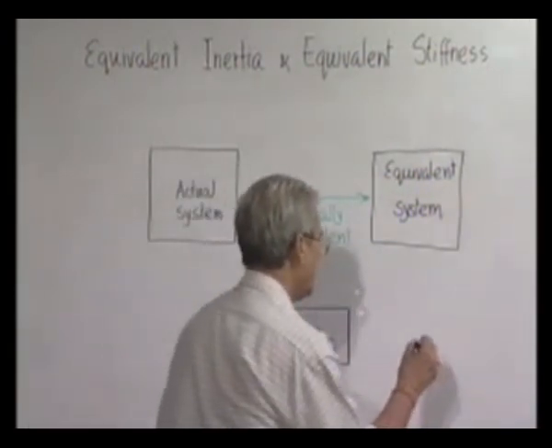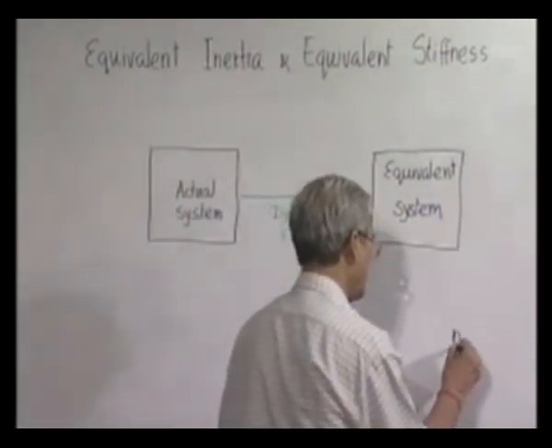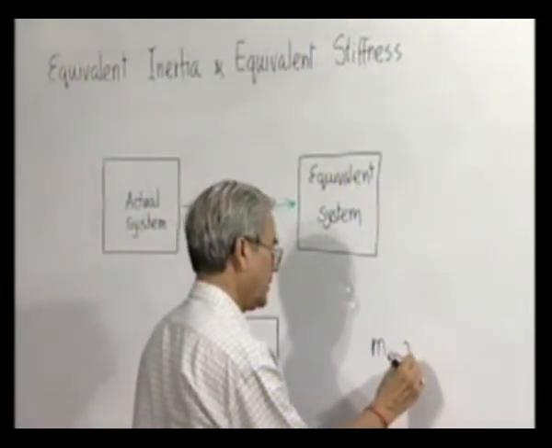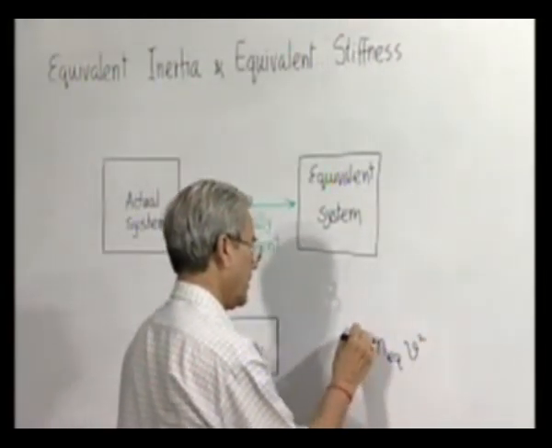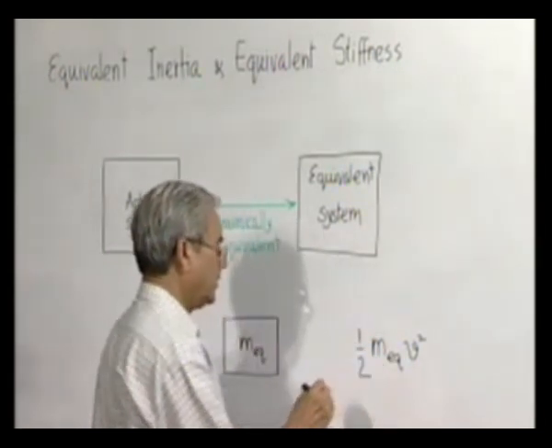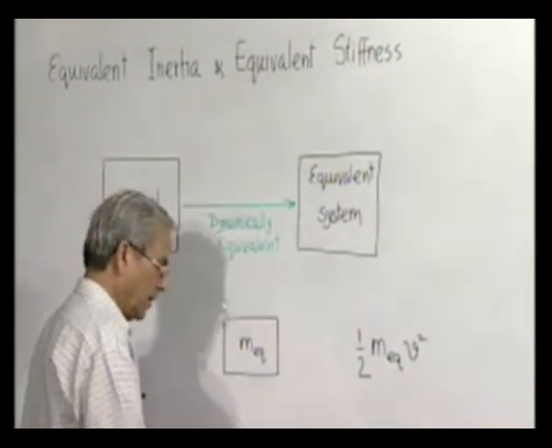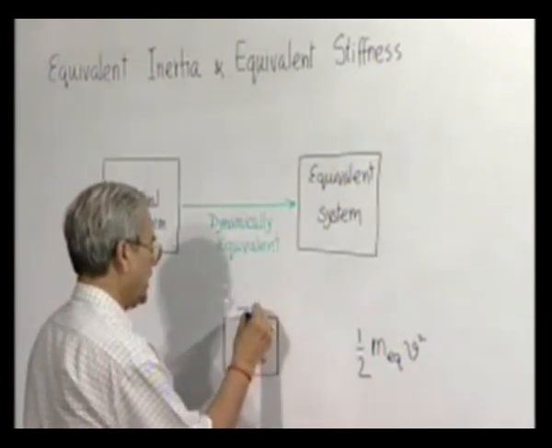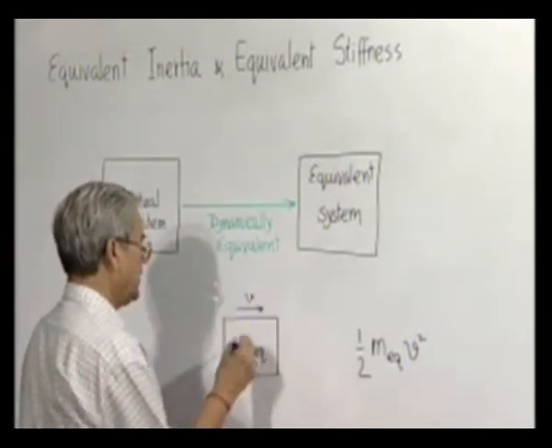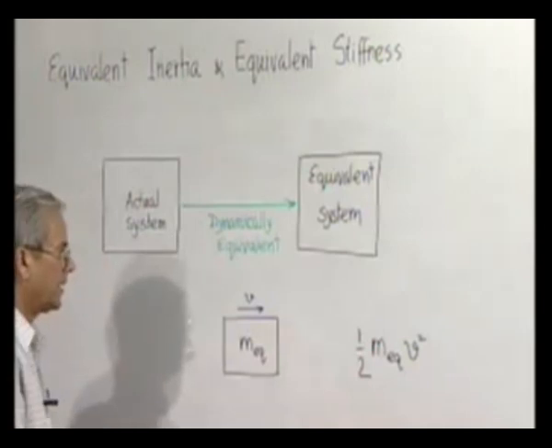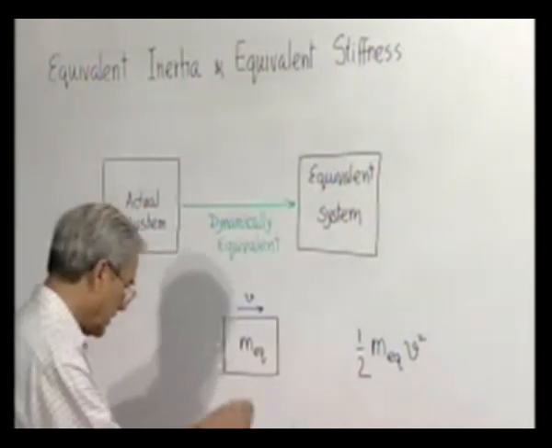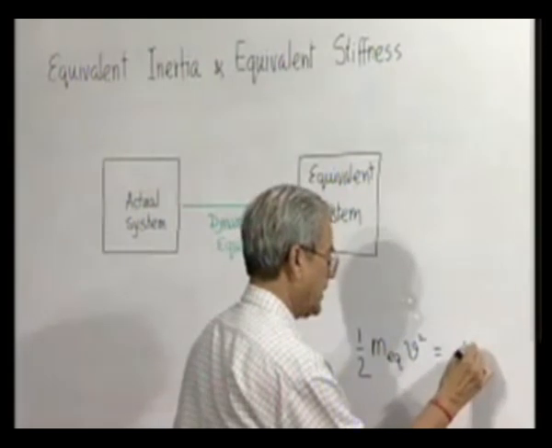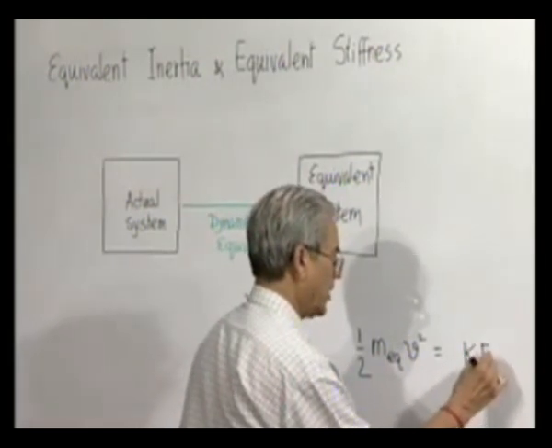Now M equivalent we have chosen in such a way that if its speed or velocity, whatever it may be, at this instant be v, then this kinetic energy is equal to the kinetic energy of the actual system.